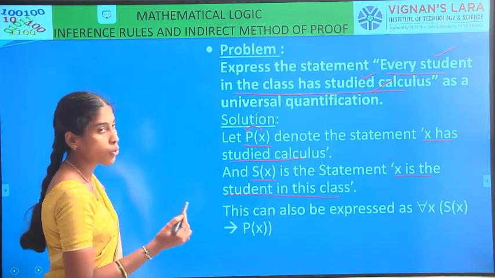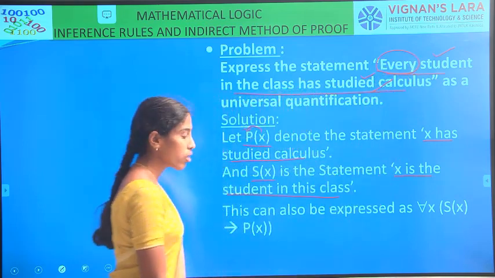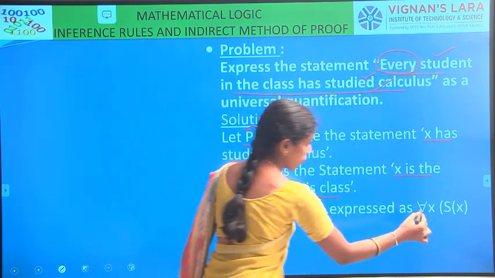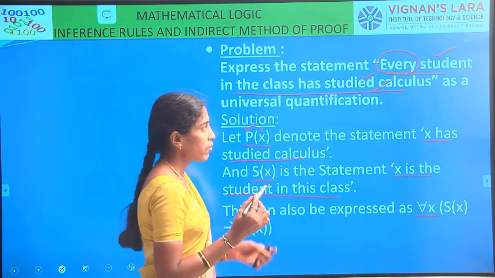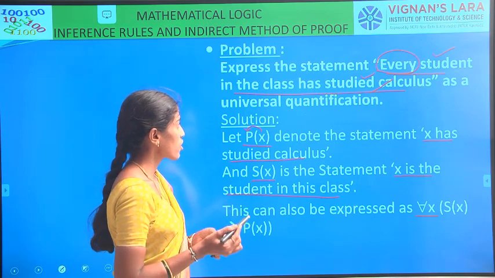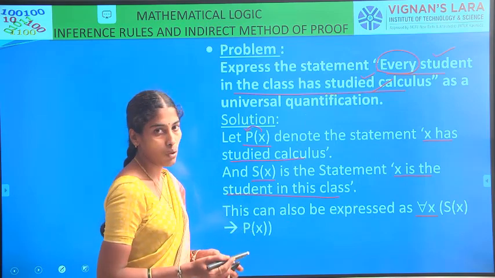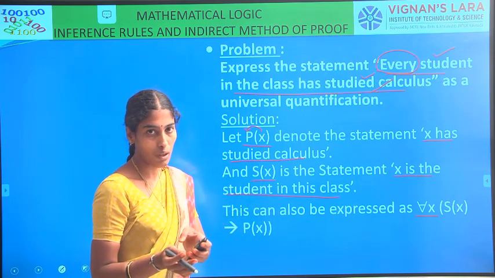Now every student, because every is there, we use the universal quantifier for every. For every X, if he is a student or she is a student, he or she studied calculus. So if he is a student, he must have studied calculus.